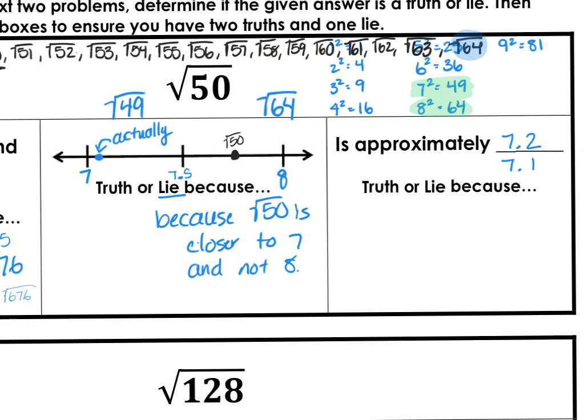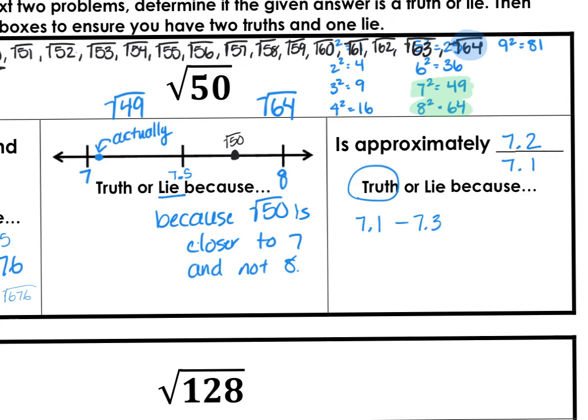If I told you 7.1, that might be even a better approximation, but it's still close. Anywhere between 7.1 all the way to like 7.4 maybe, and 4 is really like a stretch. I would probably say like 7.3 I would take as like the truth answer, because it's definitely somewhere in there.